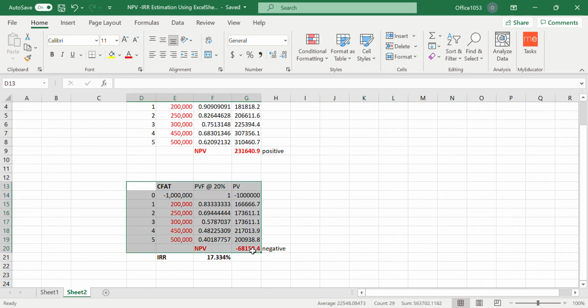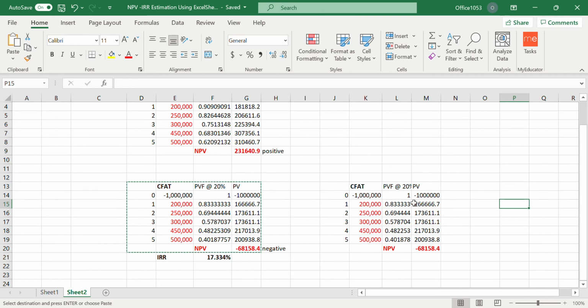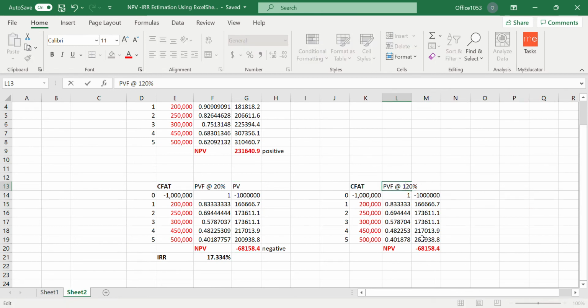Let's prove whether this is true or not given the numbers. So take 17.3333%, 17333.